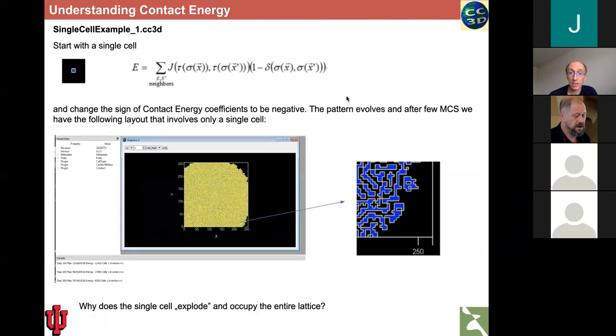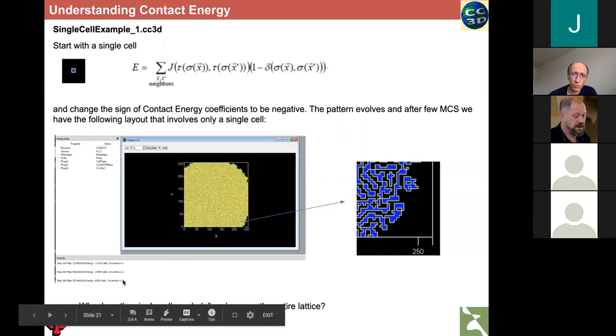If you run this simulation, after a few Monte Carlo steps, you will see that the simulation takes over the entire lattice. If you look at the cell inventory output, it says there's one cell only, right?